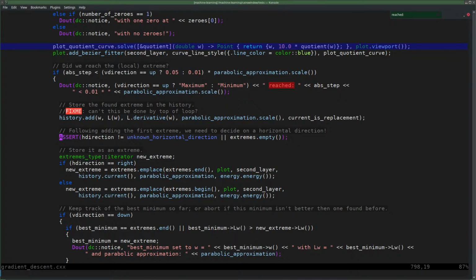Right. This doesn't happen, apparently. The first extreme is being added here. Why am I not setting H direction afterwards?